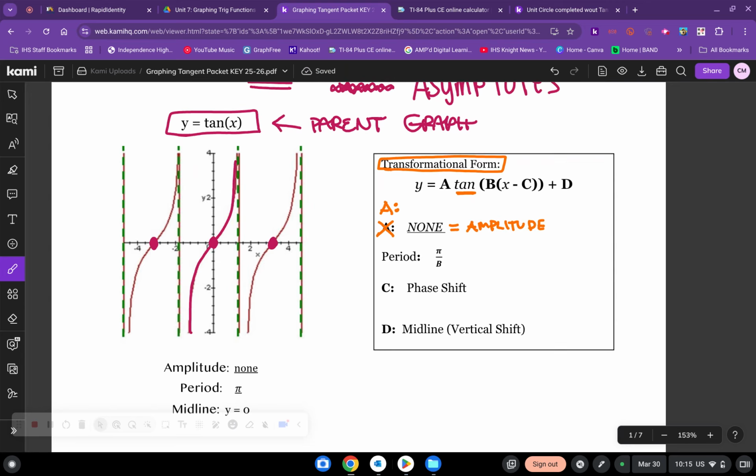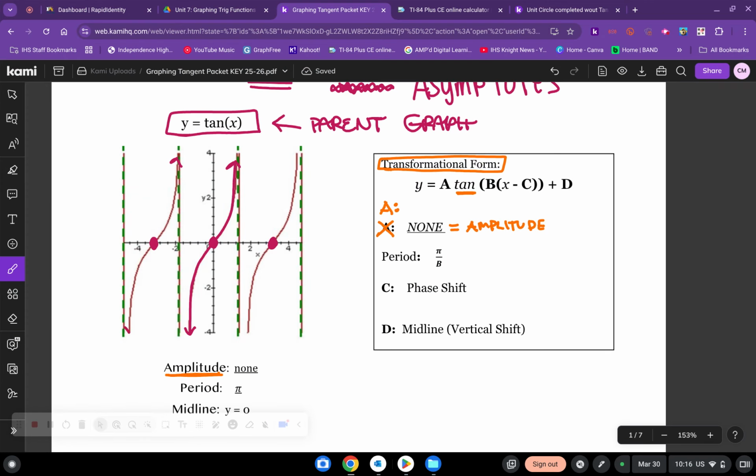The reason for this is the amplitude describes a distance. An amplitude is the distance from the midline to the maximum or from the midline to the minimum. And notice that on our tangent graph, there is no maximum and there is no minimum. These graphs stretch infinitely to positive and negative infinity.